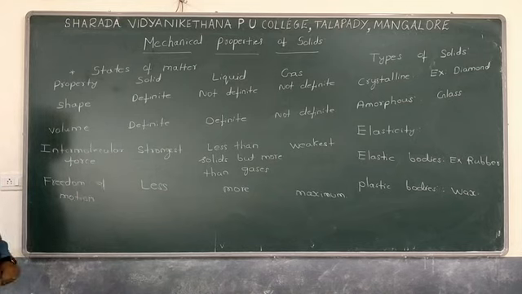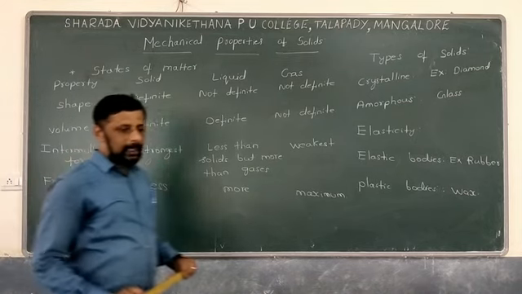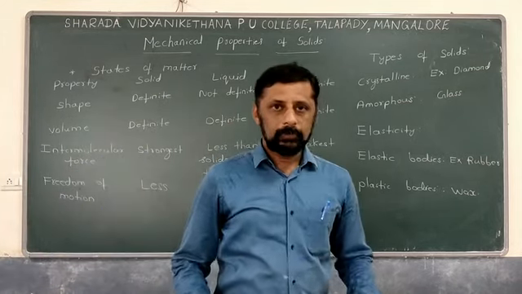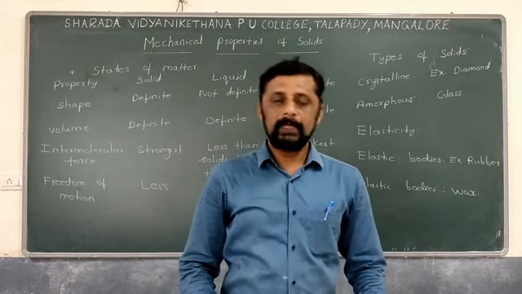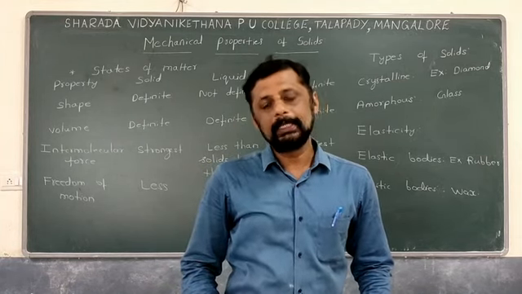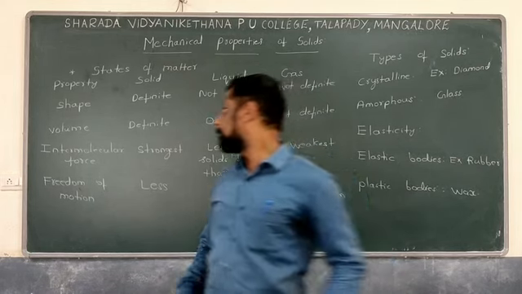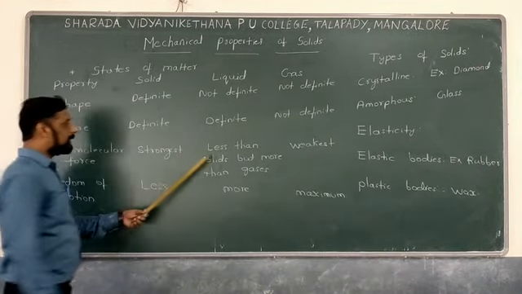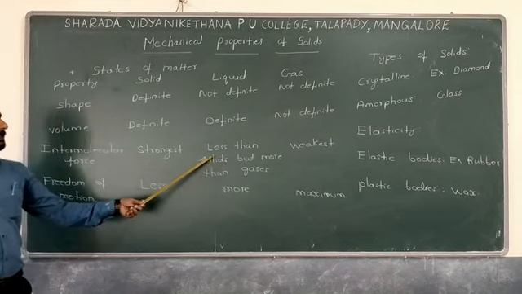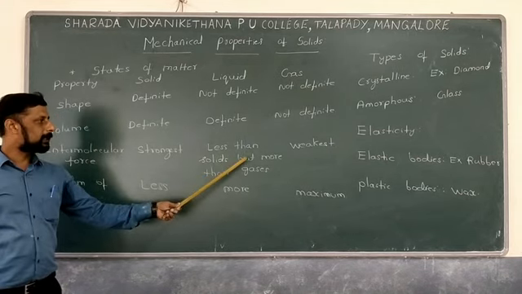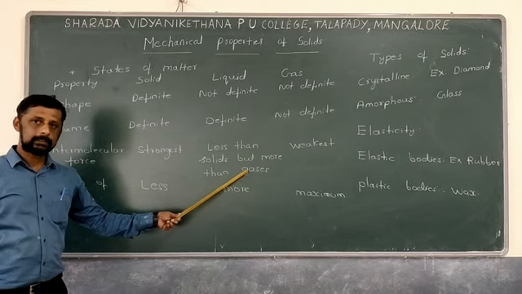So intermolecular force. So in case of solids, the intermolecular force is strongest. So that means the force between the molecules is strongest, and hence the molecules are closely spaced. While in case of liquid, the intermolecular force is less when compared to the solids, but it is more when compared to the gases.